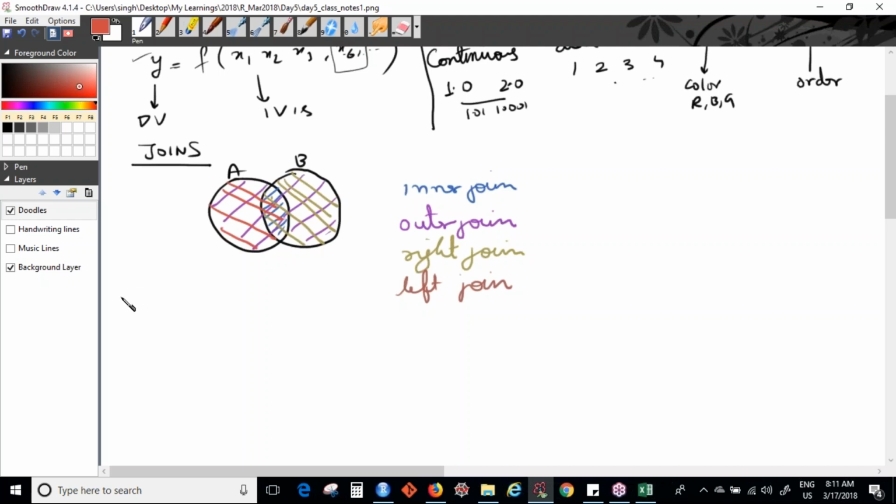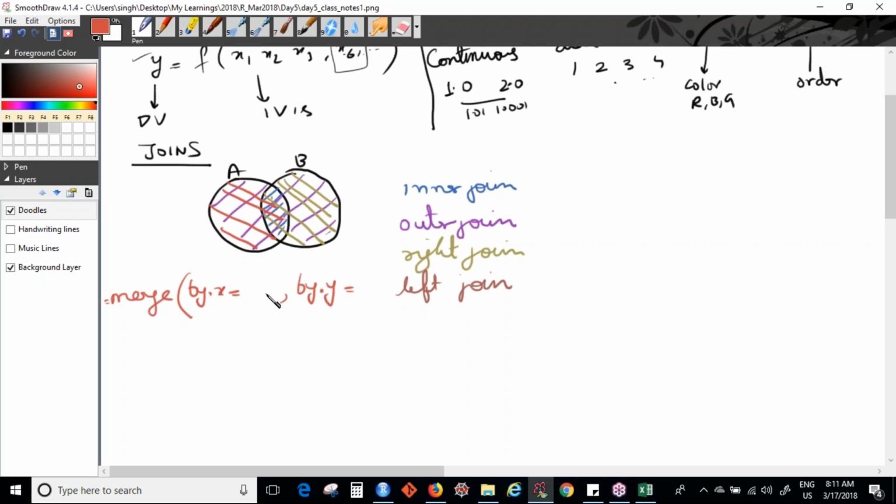The syntax for that is merge. We use the merge function for it. So in merge, we write by.x, the name of the column on the basis of which we want to join on the left hand side, so the first table's column. Similarly, we write the other table's column.